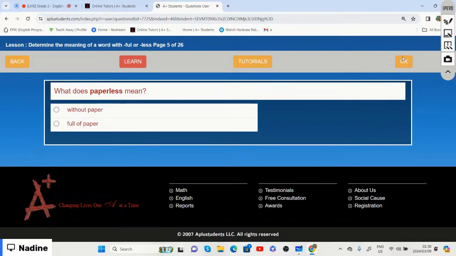What does paperless mean? Is it number one, without paper, or number two, full of paper?